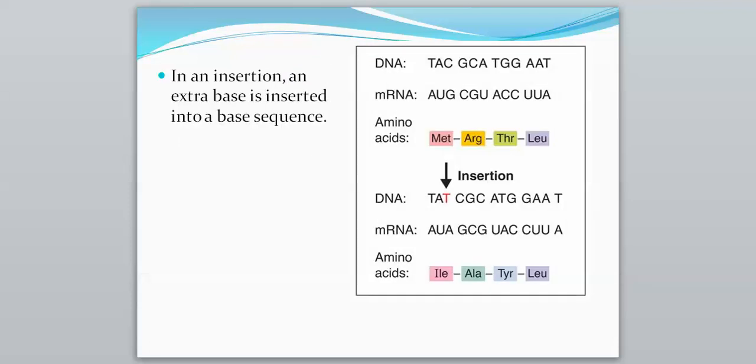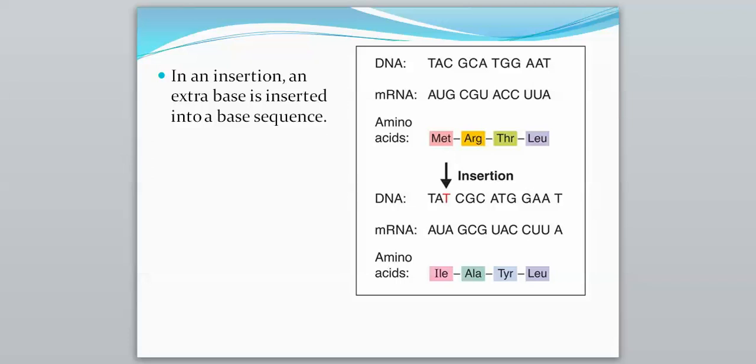More specifically, in an insertion, an extra base is inserted into a base sequence. If we look up here, in our normal sequence we have TAC, GCA, TGG, AAT, then our mRNA comes along, and it's fine, and it gives us our normal amino acids. Now in an insertion, instead of substituting our C for our T, a T simply gets stuck in by itself, and it pushes everything over.